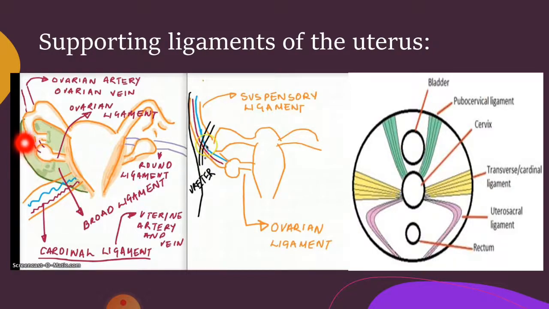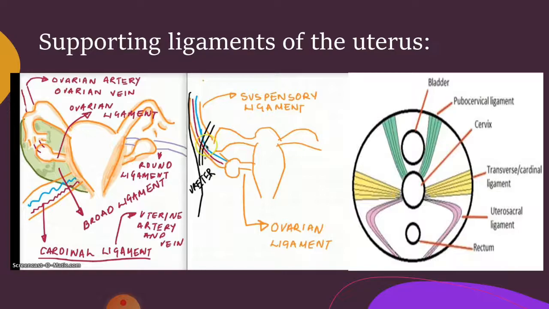The broad ligament is attached at its lateral ends to the pelvis, the ovaries are attached to the posterior wall of the broad ligament, and its function is basically to pass the major blood vessels, lymph vessels and nerves to the ovaries and the uterine tubes through the different layers of the broad ligament.